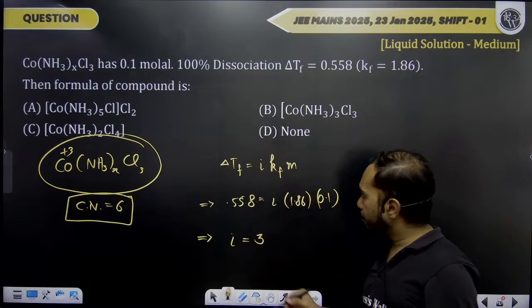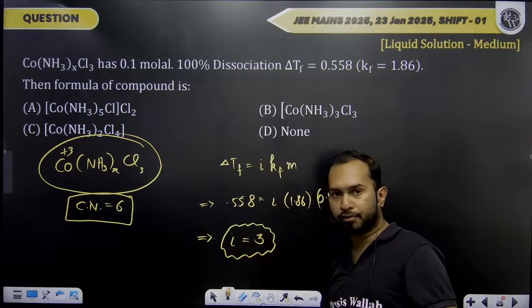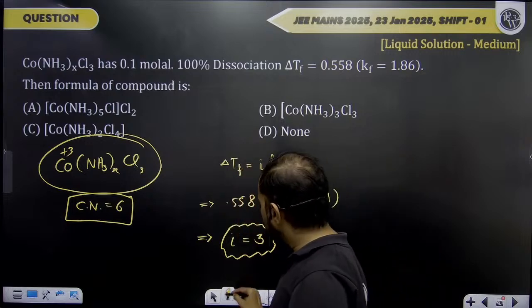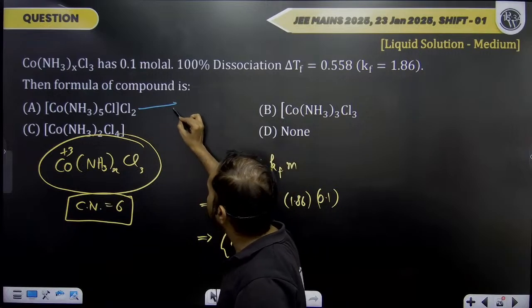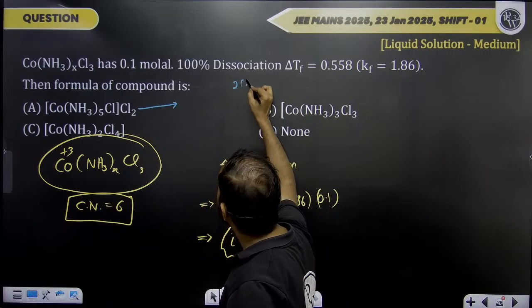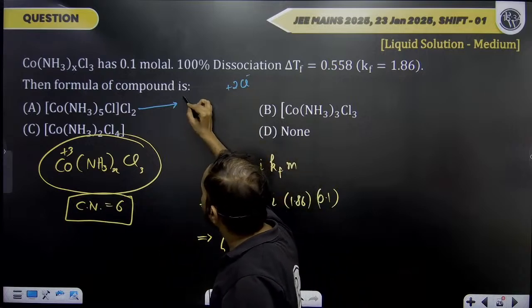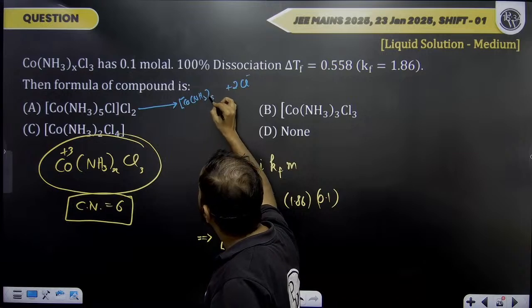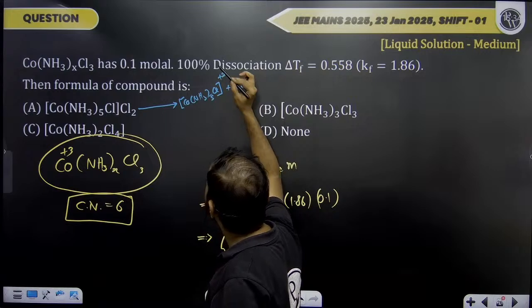If the van't Hoff factor is 3, it means that when this molecule is dissolved, it will produce 3 species, 3 ions, right? So look at option number 1. If you dissolve this compound, 2 Cl minus ions are produced and one big cation will be produced, cobalt ammonia whole 5 Cl plus 2, right?